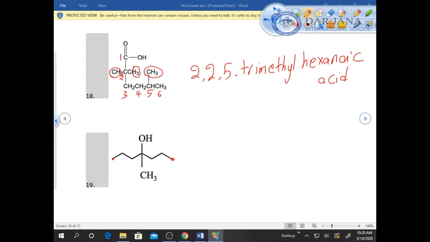So I will start numbering from here: 1, 2, 3, 4, 5, 6, and 7. So the name of this compound is 4-methyl 4-heptanol. Remember that you have to mention the position of the OH group. On which carbon is it?